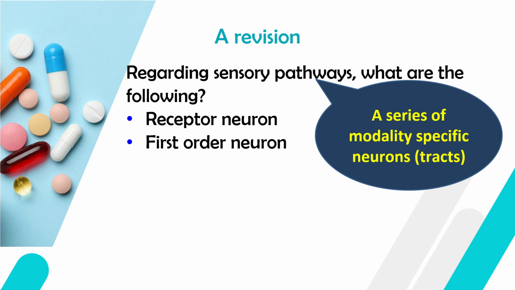Some are free nerve endings, some are modified nerve endings, and some have the nerve ending in a specialized cell. This is the third type. They can be free nerve endings, modified nerve endings, or modified cells. The cells themselves are modified to become receptors.